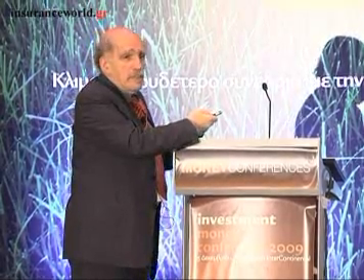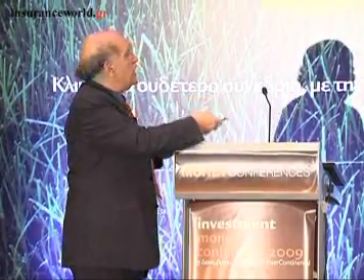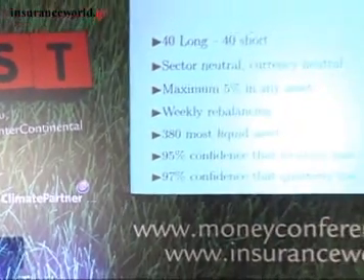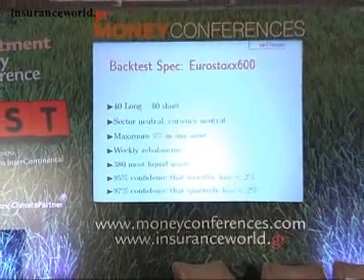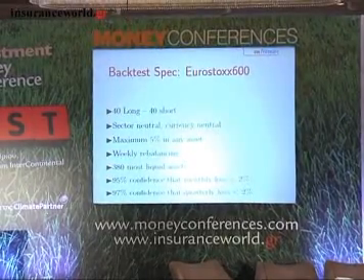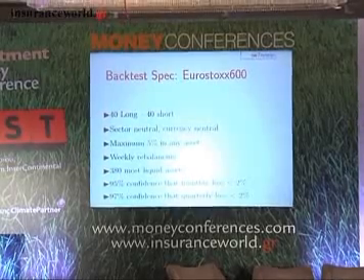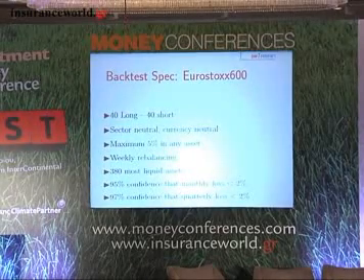Here is an example of something that perhaps could not be achieved a couple of years ago. This is just an example from a fund that we help with the technology. This is a fund invested entirely in the Stoxx 600. This is erroneously called Euro stocks here. So this is equity only.